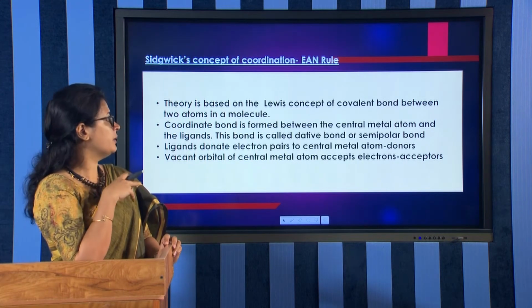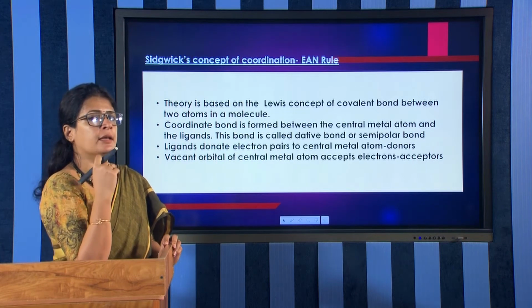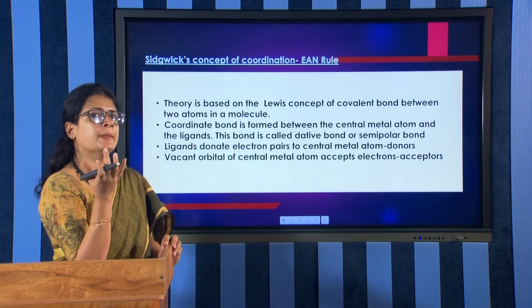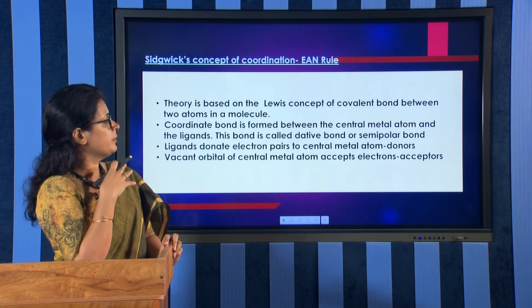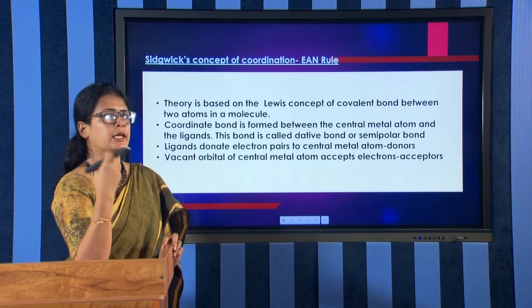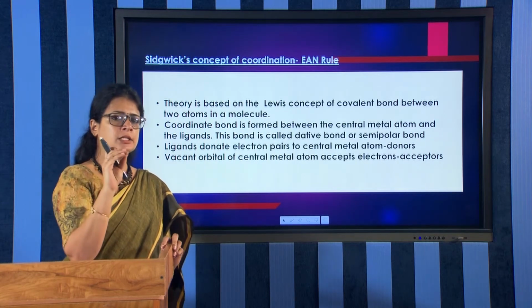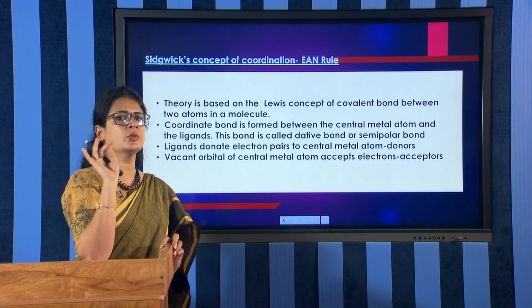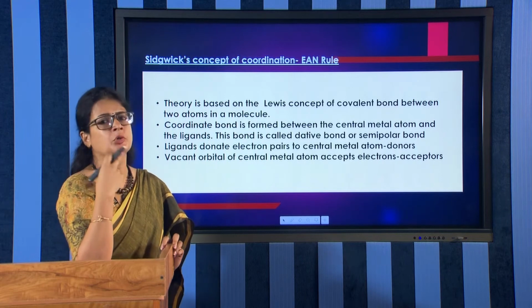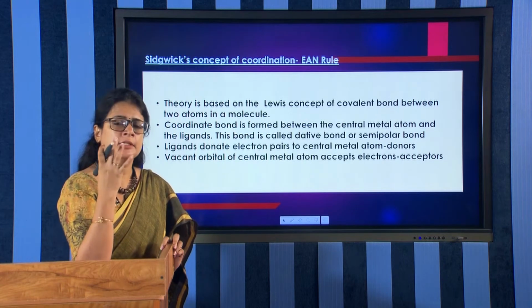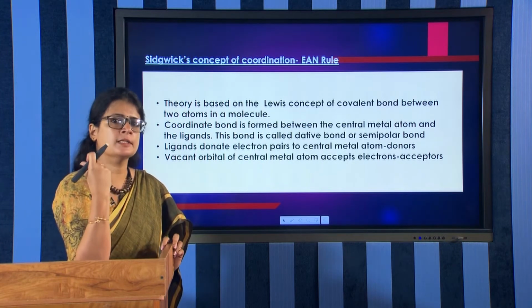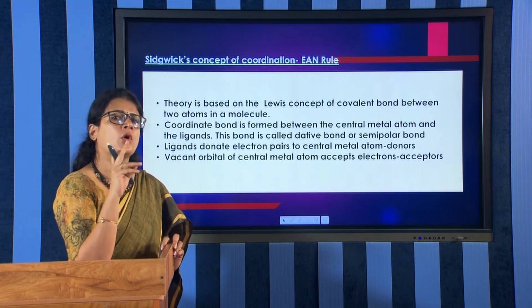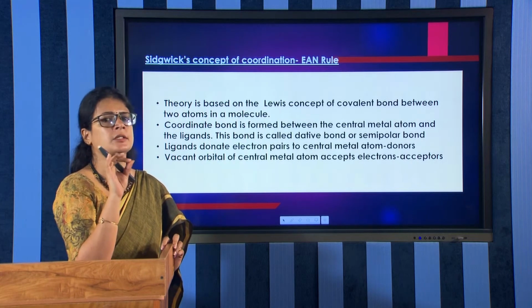So, ligands will be electron donors and the central metal atom will be the electron acceptor. The vacant orbital of the central metal atom accepts these electrons. Ligands donate a pair of electrons, and for accepting these electrons, vacant orbitals should be there in the central metal atom.